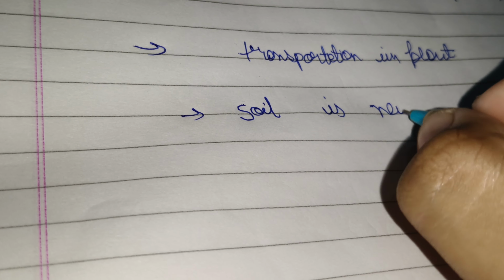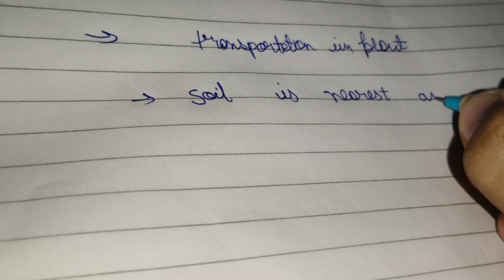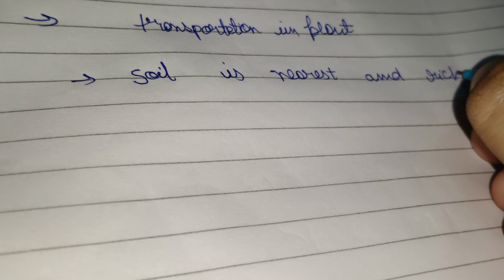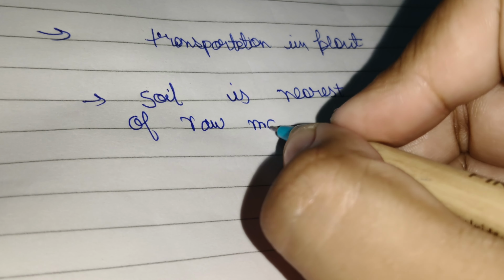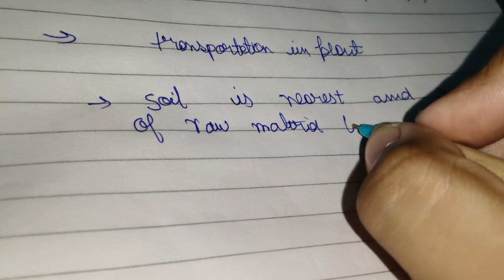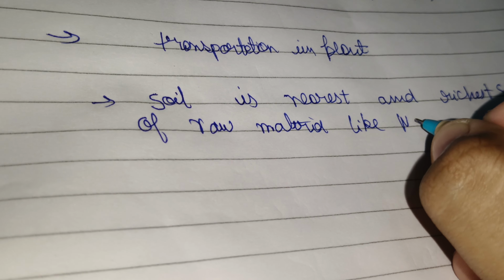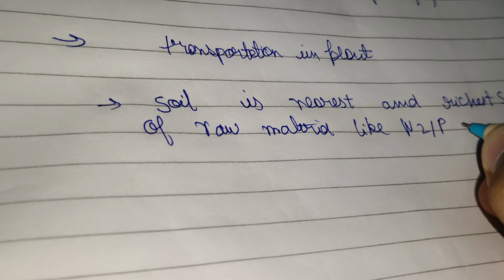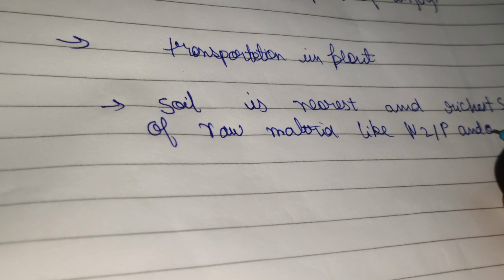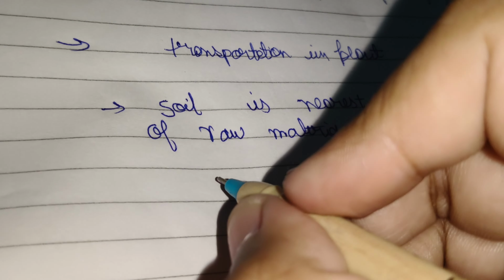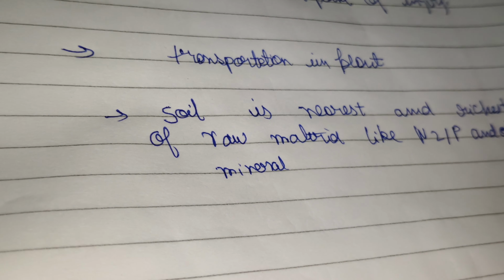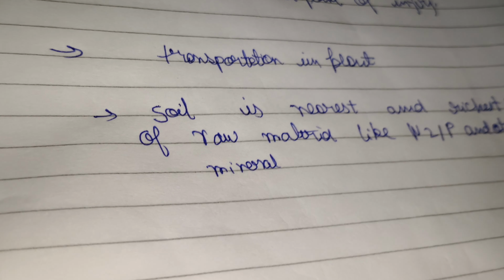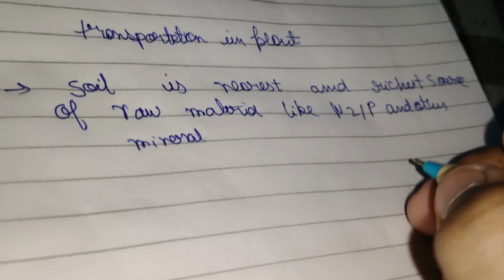Soil is the nearest and richest source of raw materials like nitrogen, phosphorus, and other minerals.